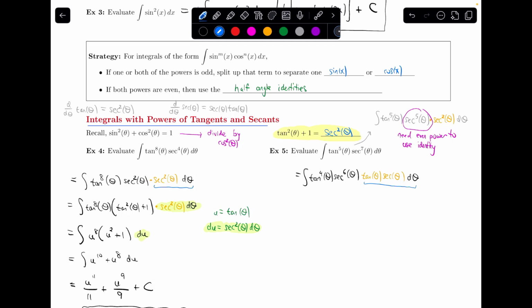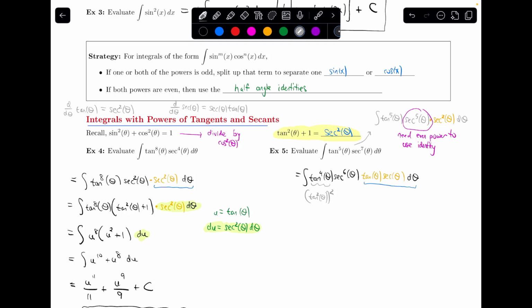But for that to work, I need everything before that to just be in terms of secants, so I can u sub for secants. So I'm going to need to convert this tangent to the fourth term to secants. So I can use this trig identity if I first notice, oh yeah, tangent to the fourth is tangent squared, getting squared.